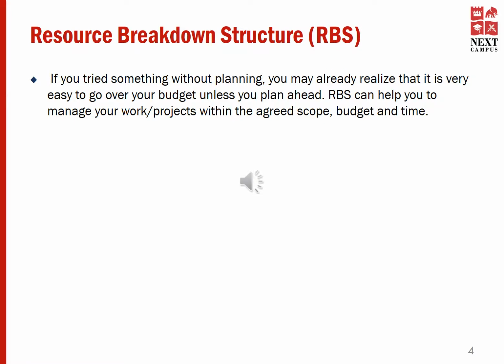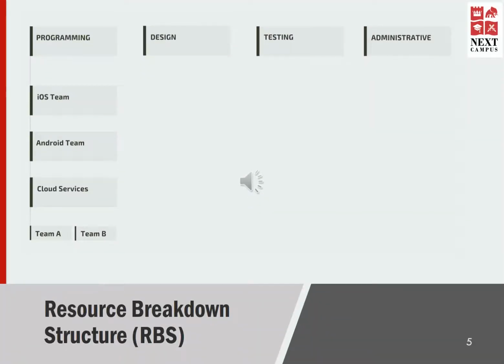In the coming slides, let's have a look at an example and see how exactly a resource work breakdown structure can be done. In the example you see four departments for the given project context. They are programming, design, testing, and administrative.